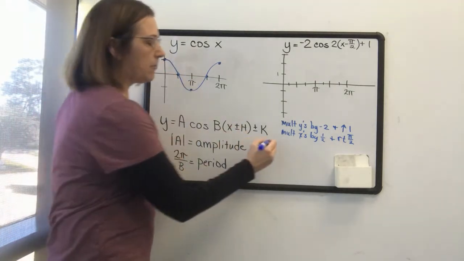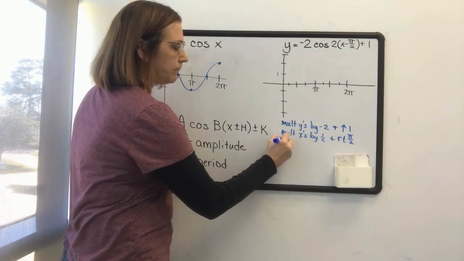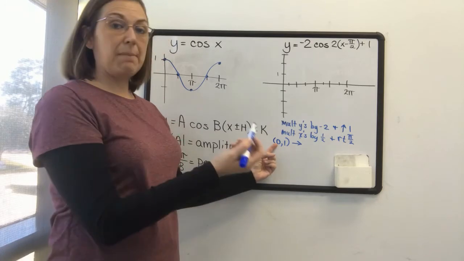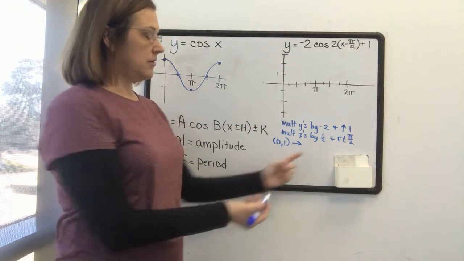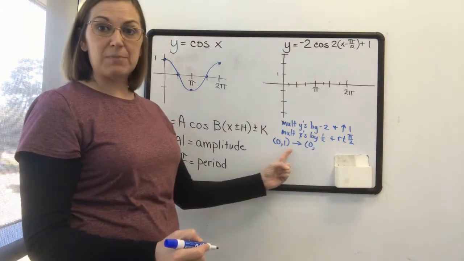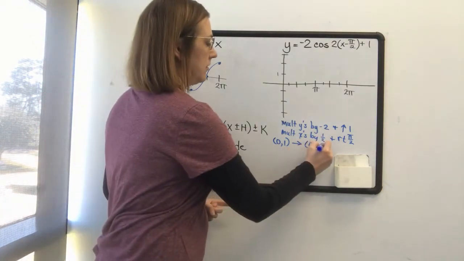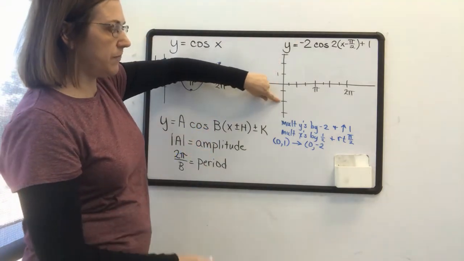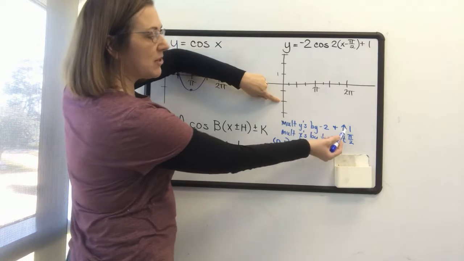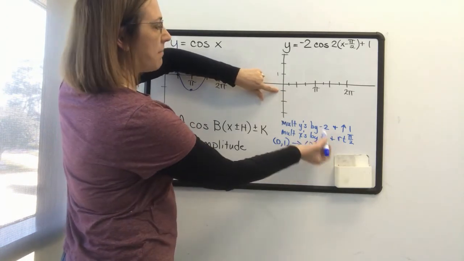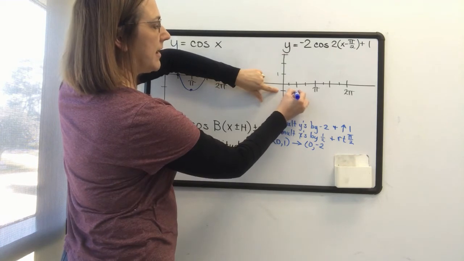You're going to start with your key points, (0, 1). You're going to take your x value and multiply by 1/2. All right, I'm going to write that down. And I'm going to multiply my y values by -2. So now I'm going on my graph to (0, -2), and then I'm going to do my shifts. My plus 1 means I go up 1. My right pi over 2 means I go right there.